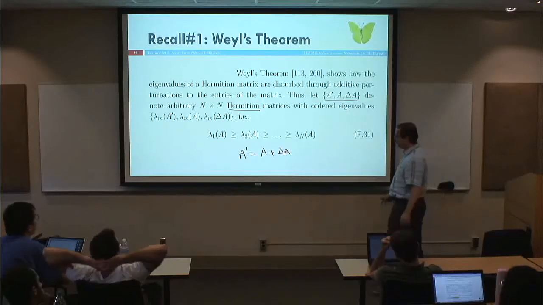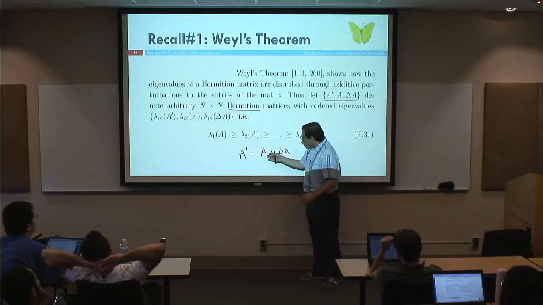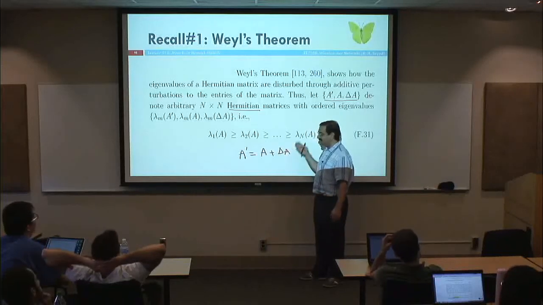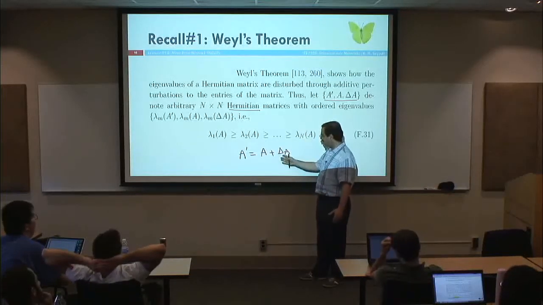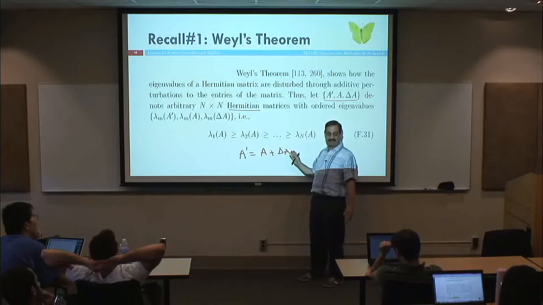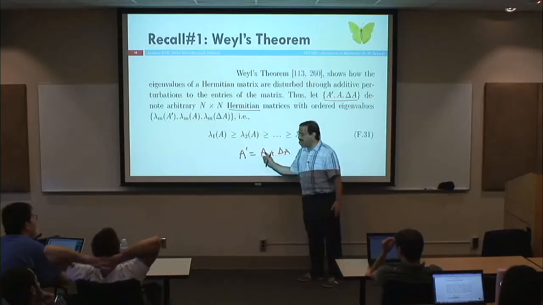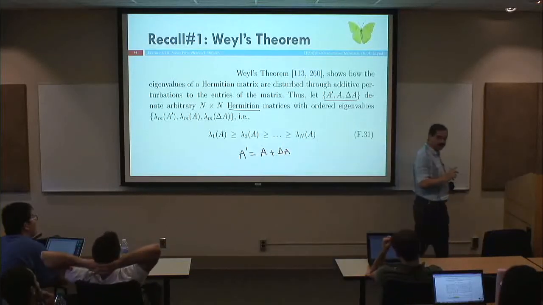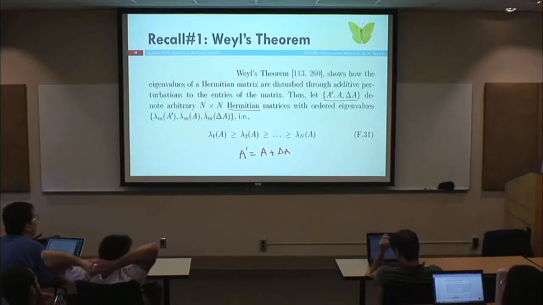This is my notation. Now, if I change A by a little bit, add a delta A to it, or a lot, it doesn't matter, how do the eigenvalues of A and A prime relate to each other? This is what this theorem says.